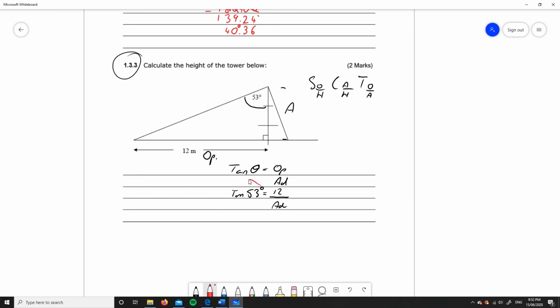What I can do there is swap those two around, leaving me with the adjacent equals 12 divided by tan 53, which equals 12 divided by, if I look up in my chart just quickly, tan 53 is 1.327.